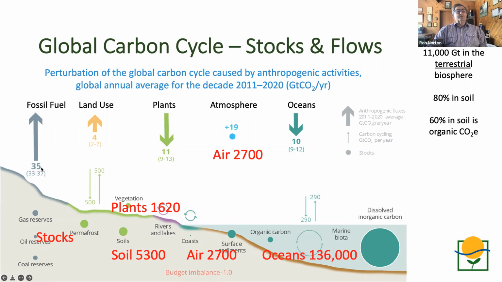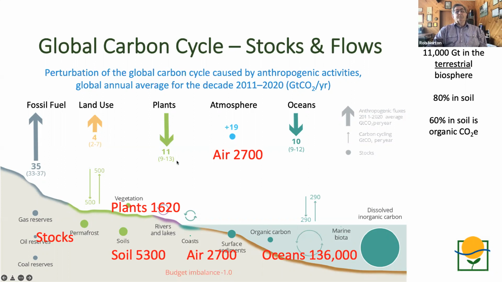So in terms of carbon being emitted, our fossil fuel burning is emitting somewhere around 335 gigatons of carbon dioxide per year. Land use changes, so that's land clearing, etc., is emitting about 4 gigatons.